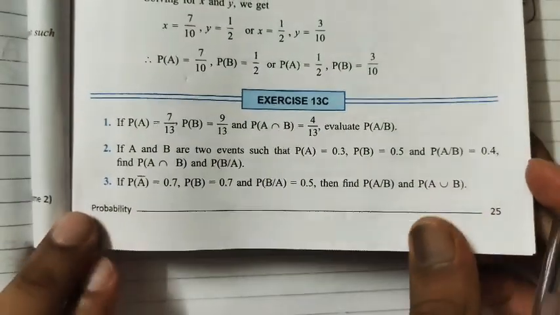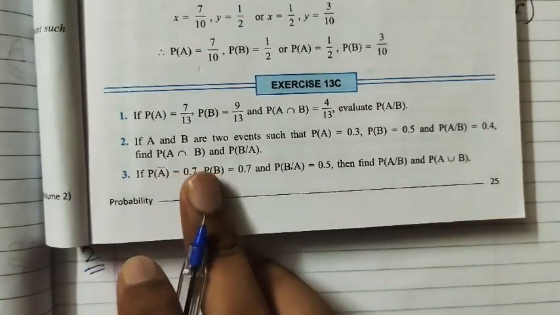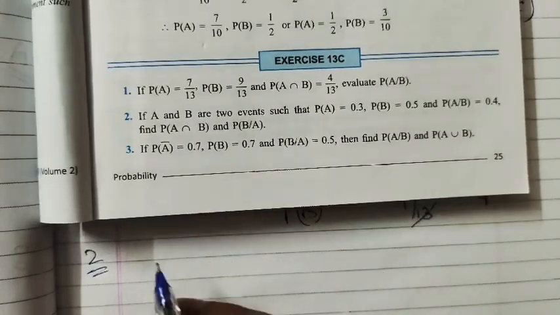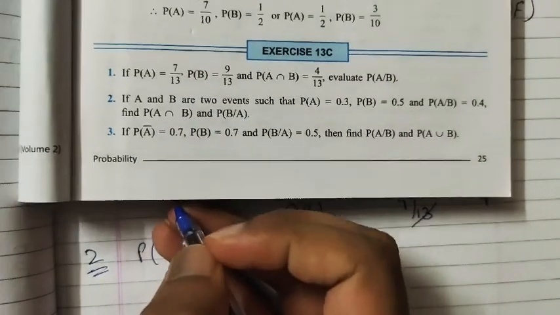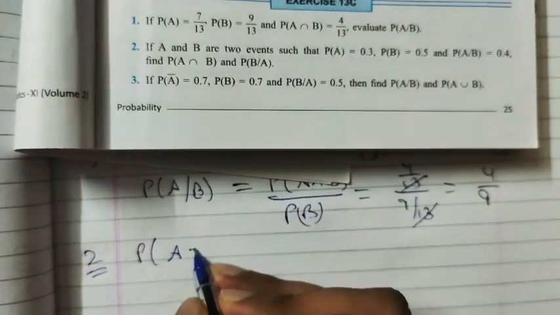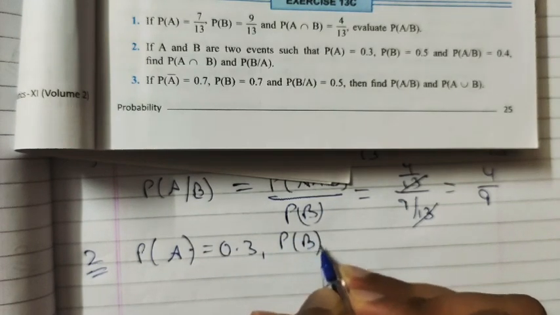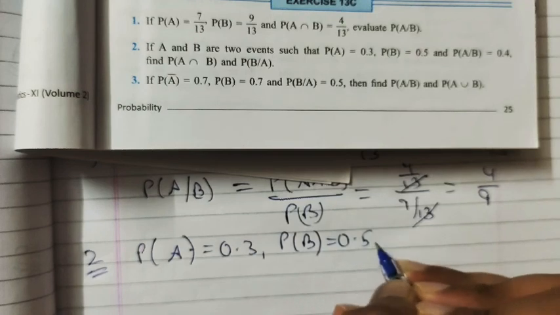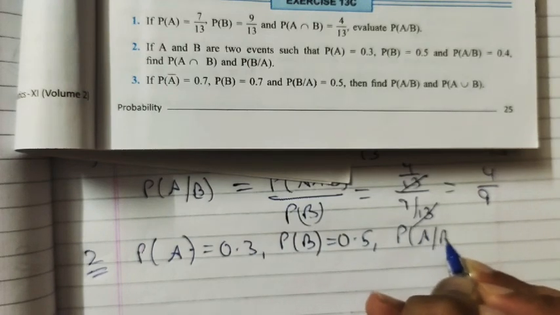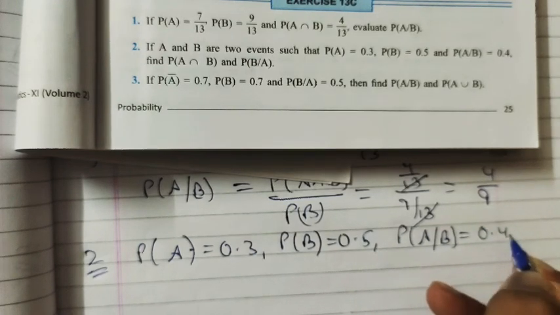Question number second. A and B are two events such that probability of A is 0.3, probability of B is 0.5 and probability of A upon B is 0.4, right?